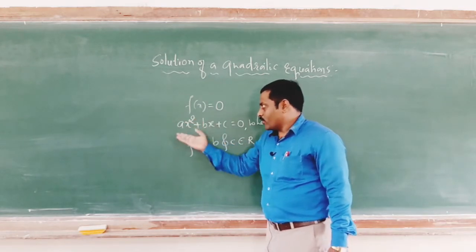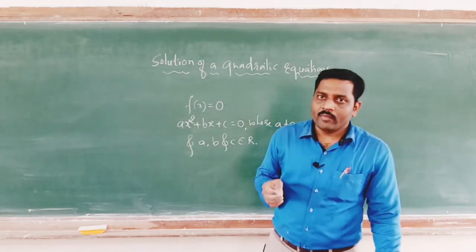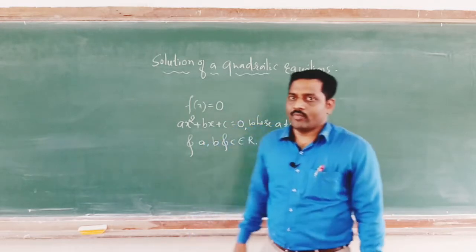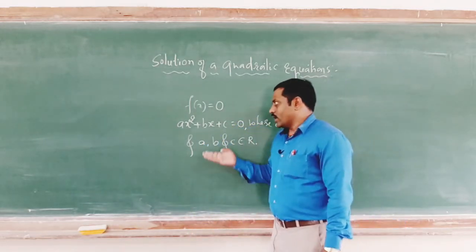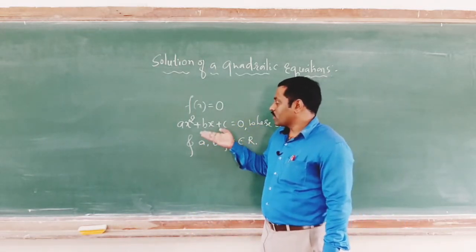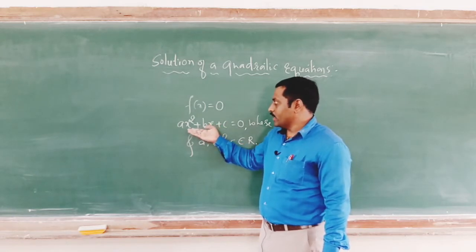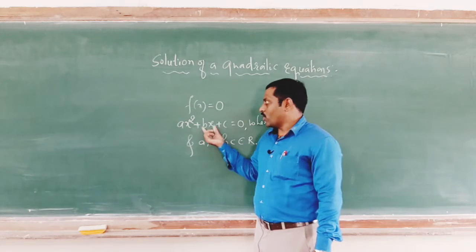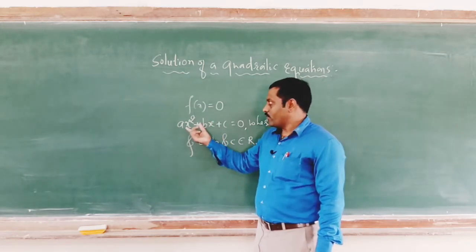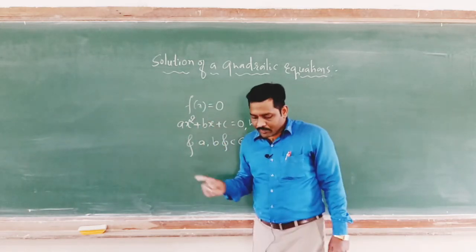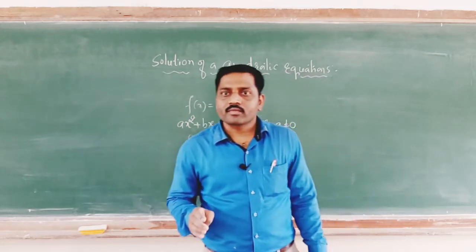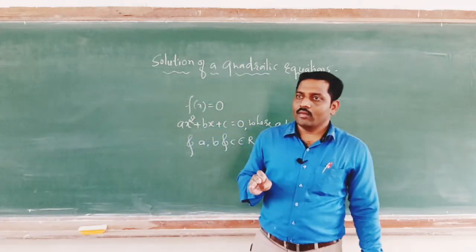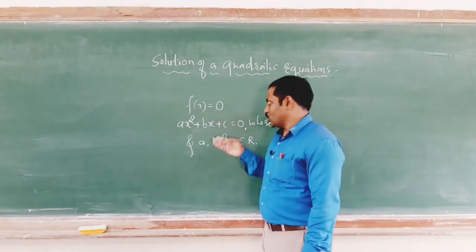Then such type of equation we call what? Quadratic equation, because the degree of the polynomial is 2, because the power of the variable is 2. Here in the given equation, the polynomial is of degree 2.